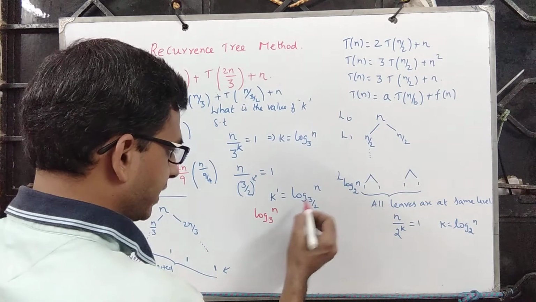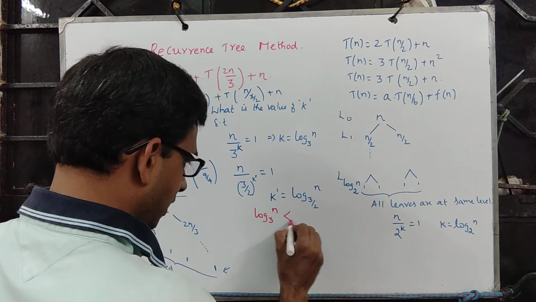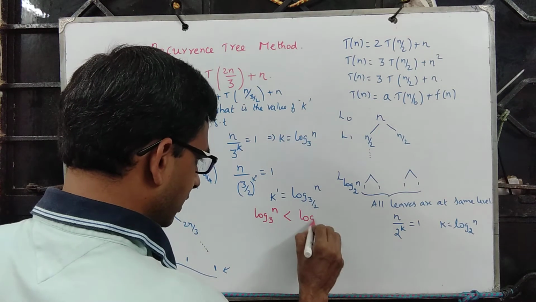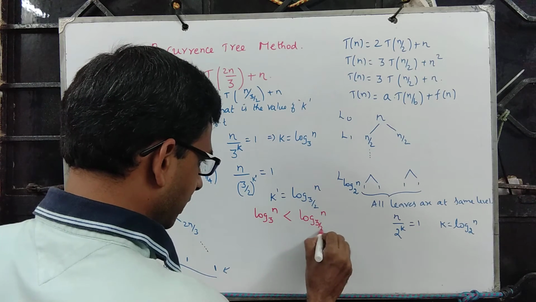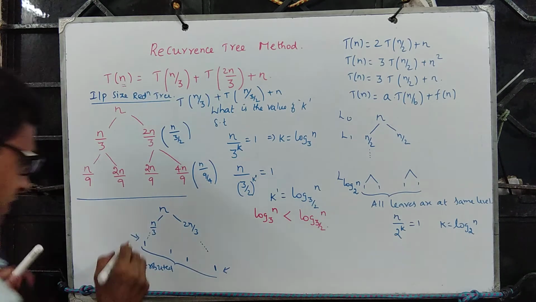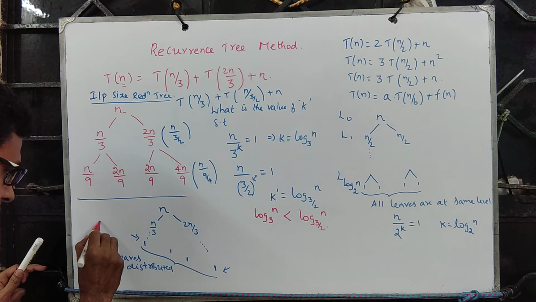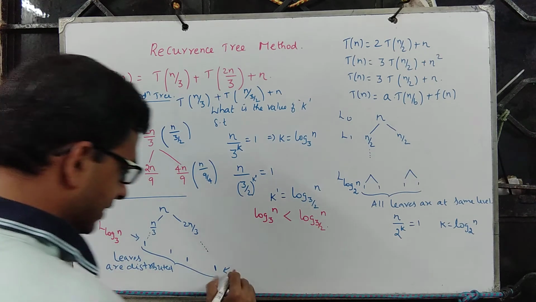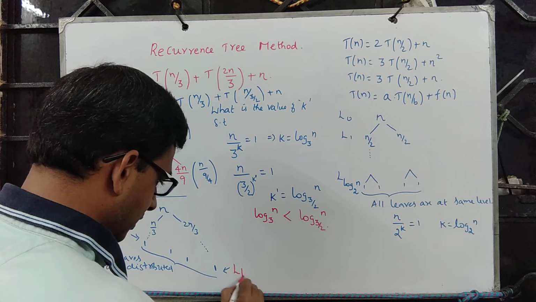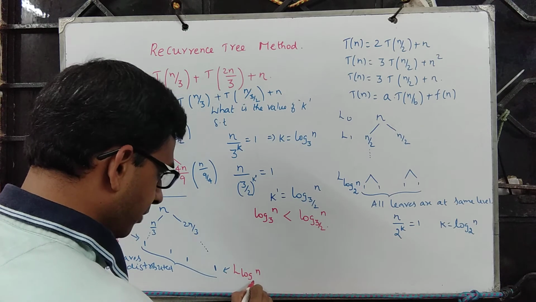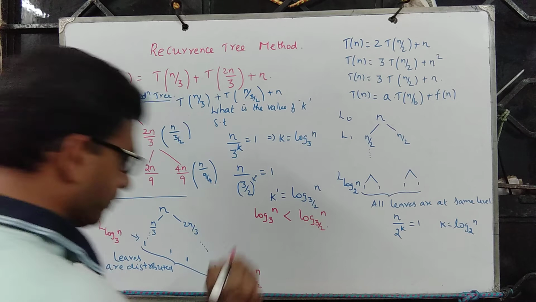But this will take more time to reach. So which means log n base 3 is strictly less than log n base 3 by 2. Which means the least level is level log n base 3. The maximum level is log n base 3 by 2.